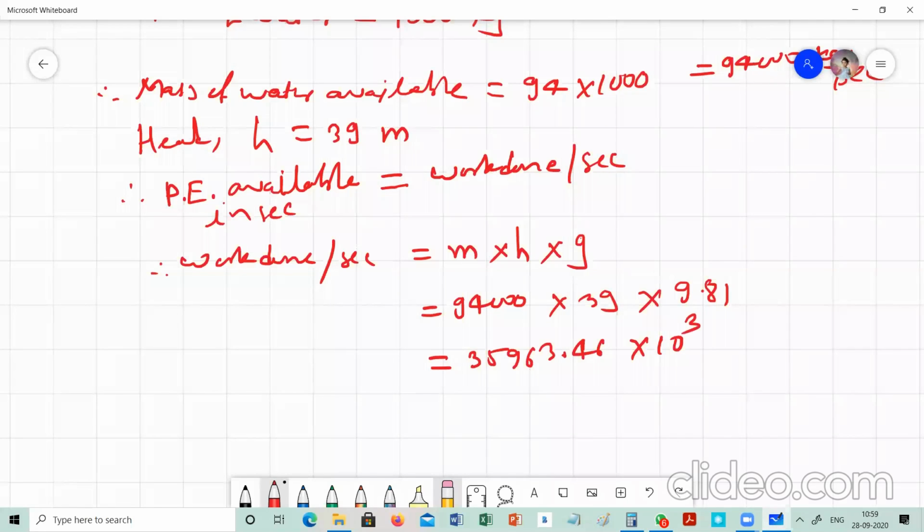Due to this 10 raised to 3, it will be in watts.